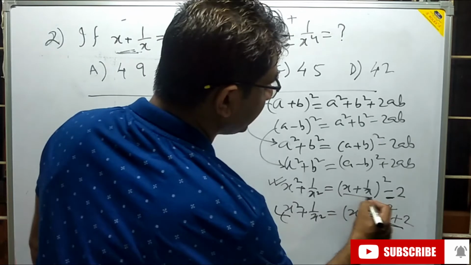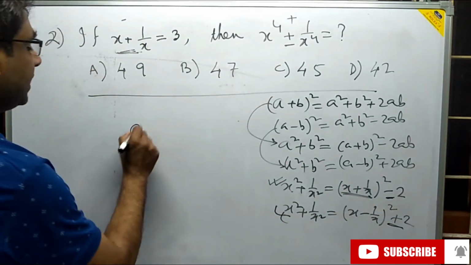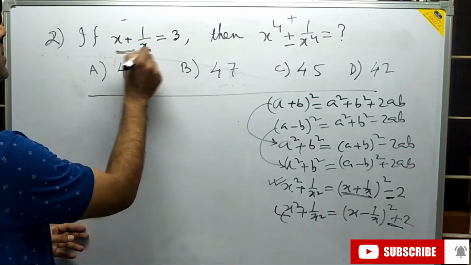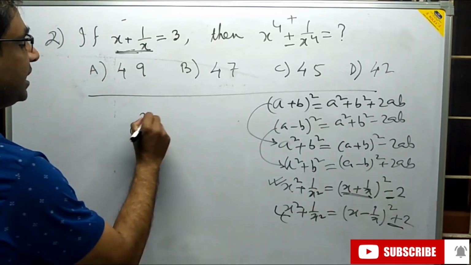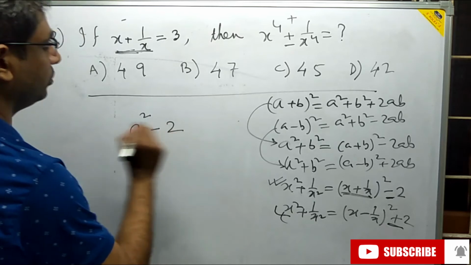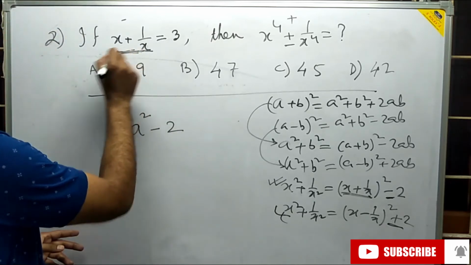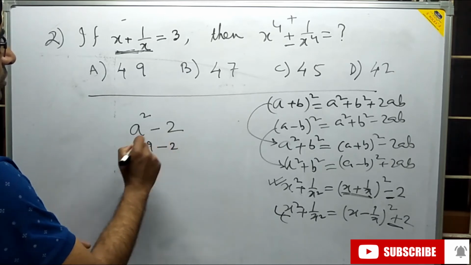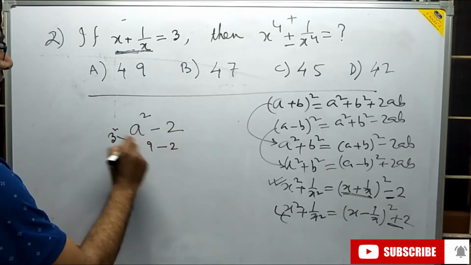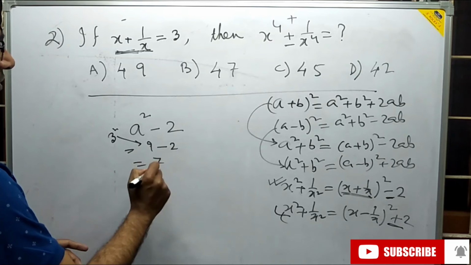If we consider this one as a, then as per the formula it is a square minus 2. 3 square is 9, 9 minus 2, this one is 7.